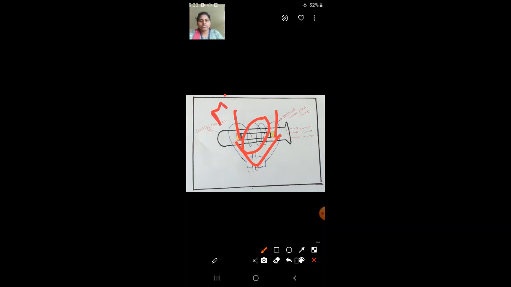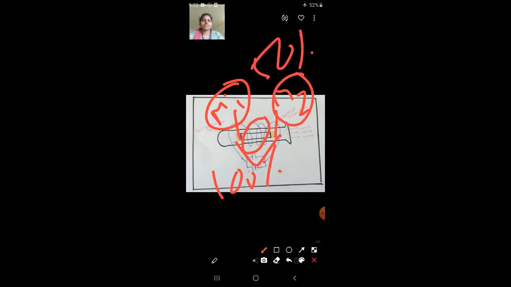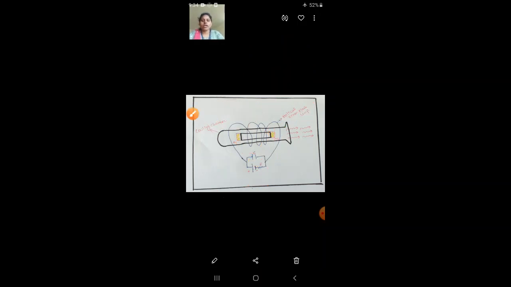This is the M1 mirror and this is the M2 mirror. The M1 mirror is fully reflecting, that means 100% silver coating, and the second end has less than 100% silver coating. And then this is the helical xenon flash tube, and this is a cooling chamber.